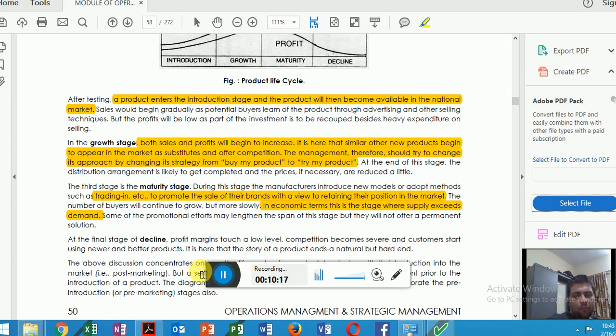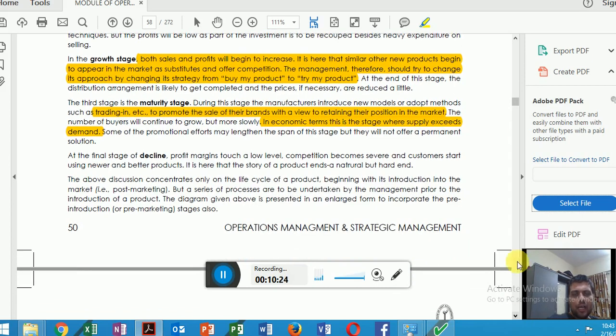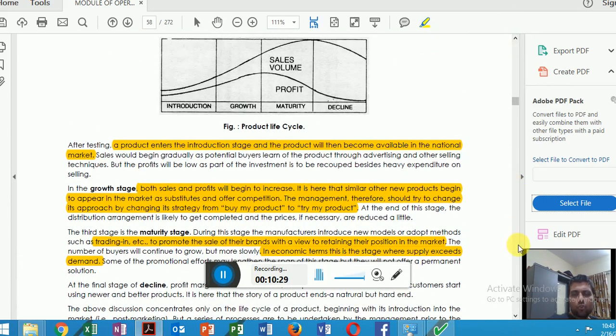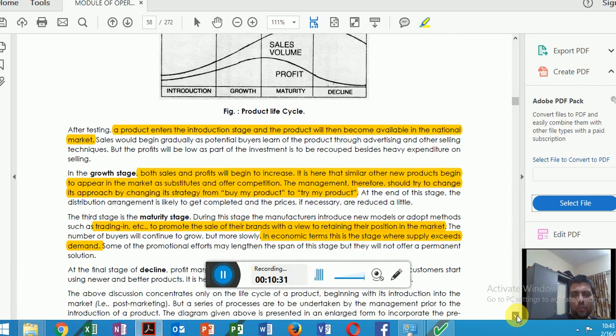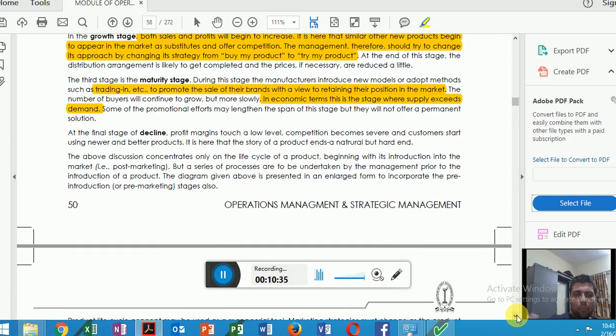After this maturity stage, the last stage which comes is the decline stage. What happens in the decline stage, as the diagram is explaining to you, is that the sales and the profit go on decreasing. As a result, the company has a responsibility of offering a better product in terms of quality and price compared with the original product in the market.